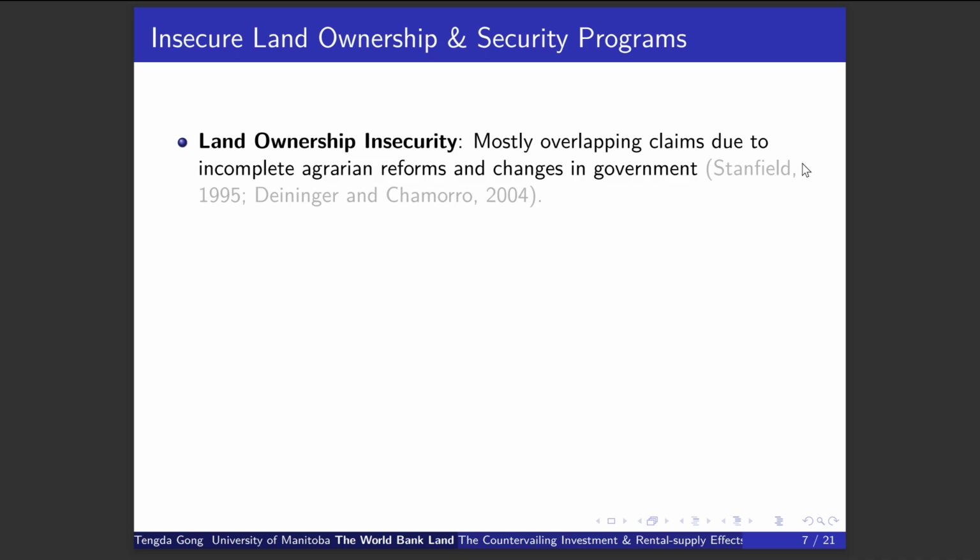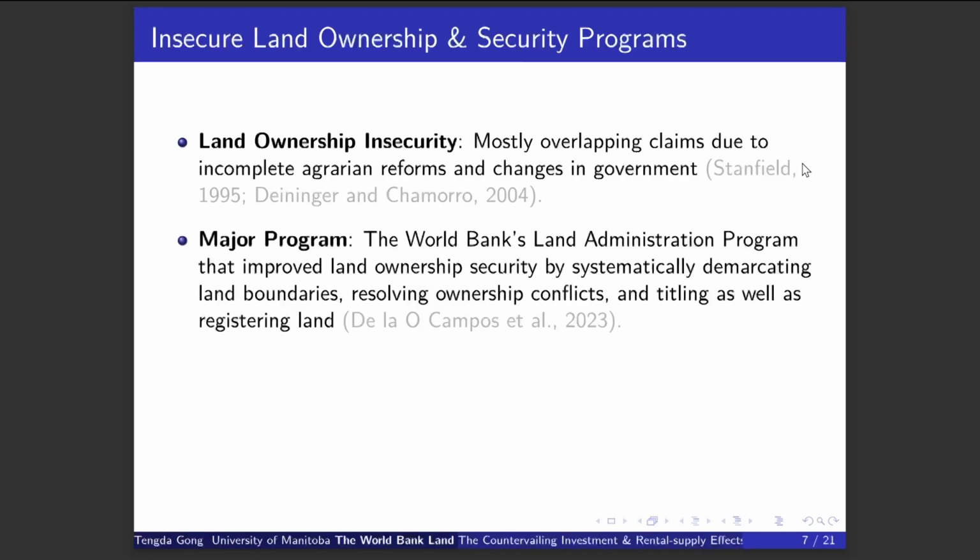When the new government came and returned to private land ownership, they said you can claim back your land. They also settled some of the conflicted soldiers, which created more claims and generally inflated the overlapping claim issue. I think in the 1990s there were some programs to fix that, but still, contemporarily, we see conflicts documented in the data.